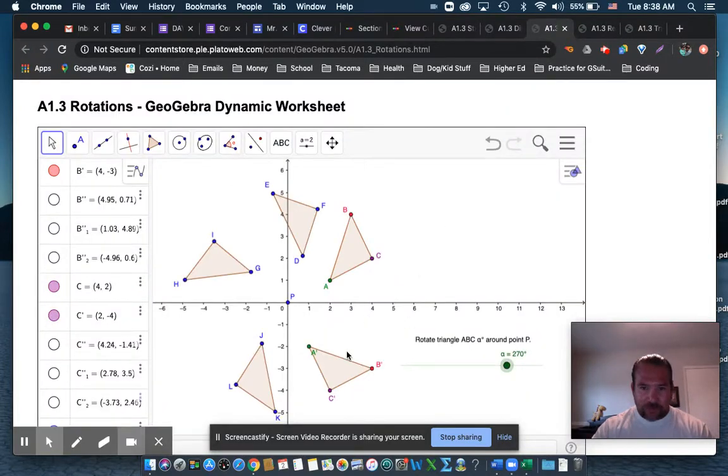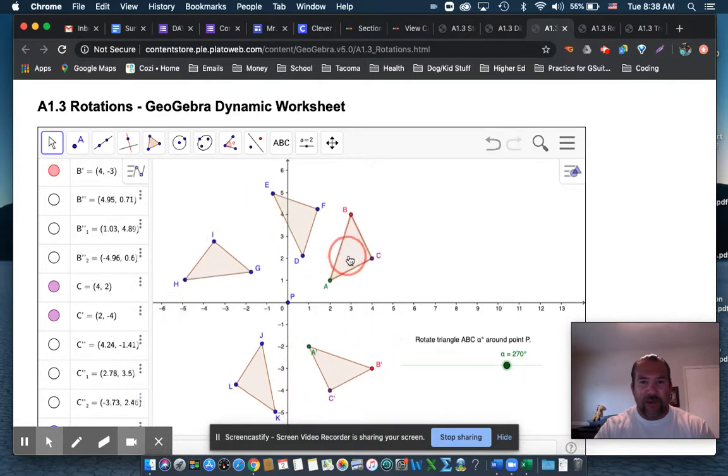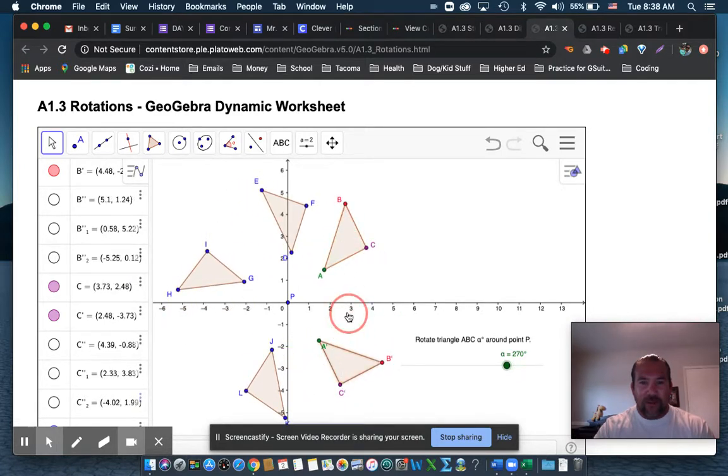Rotation. There are 3 main rotations that you have to know: 90 degrees, 180, 270. This one's showing some other different things. Notice that as I move them all, they kind of all rotate.